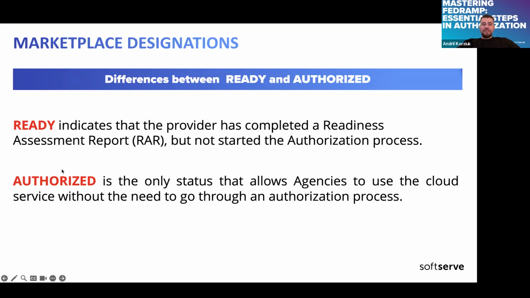I already mentioned that only Authorized status allows agencies to use the cloud service without the need to go through an authorization process. And Ready status just indicates that the provider has completed a readiness assessment report, but has not started the authorization process. So that's the key difference between those two statuses for FedRAMP organizations.